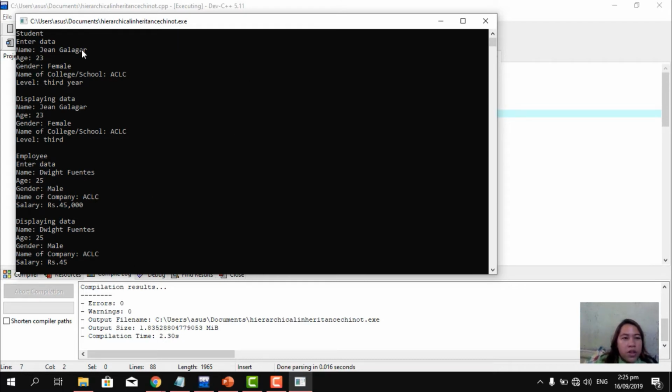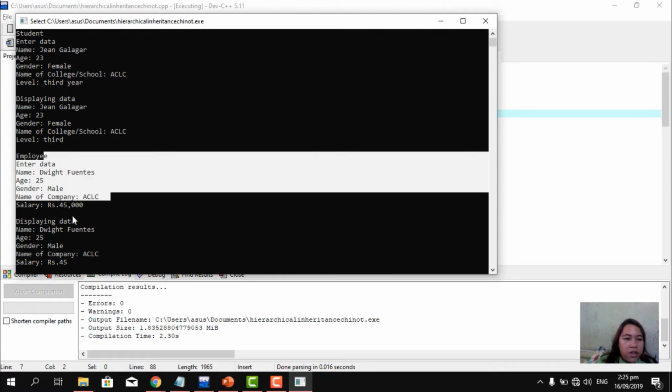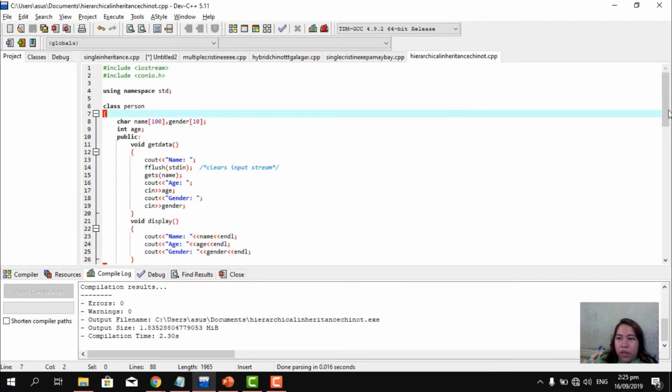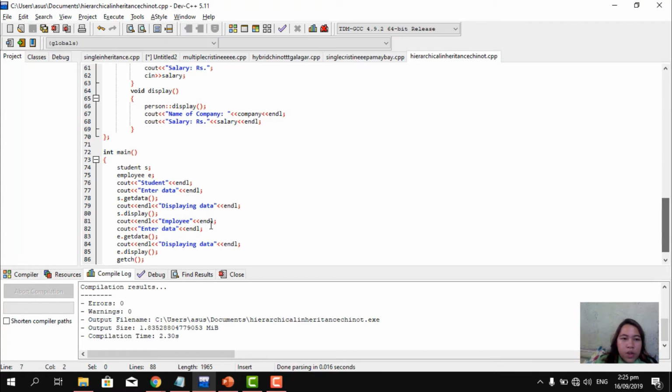Everything you enter in here will be outputted in here, because the int main here gets data from the student and employee.